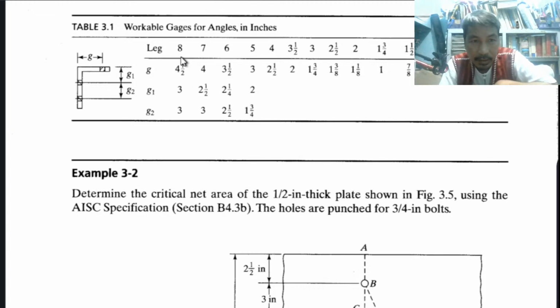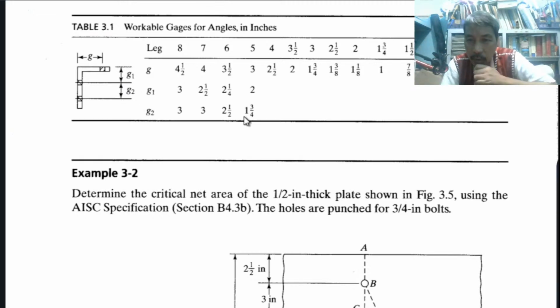That is about the center of this flange or this face. Then G1 and G2 are 3 and another 3, so 3 and 3, 6, and therefore this is 2. So 3, 3, and 2. From this point to this point is 8. The leg is 8 inches.